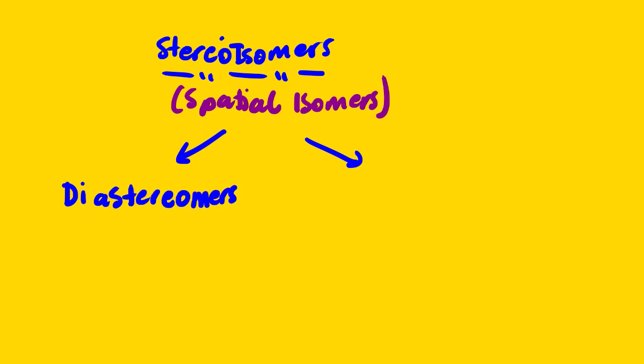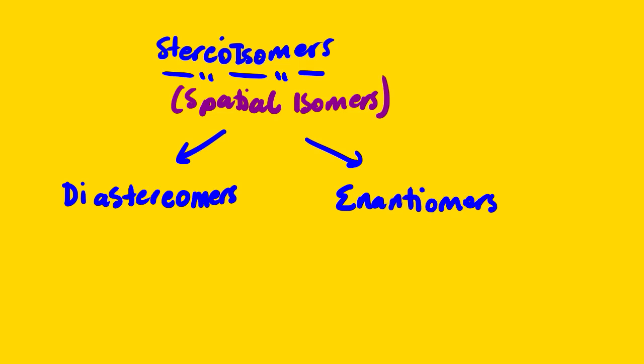And then under spatial isomers, we do have different types of isomers, the same as structural isomers. We know that under structural isomers, we do have chain isomers, functional isomers, positional isomers. So also in stereoisomers, we do have different types of isomers, which we have diastereomers, and then we have enantiomers, which these two are different.